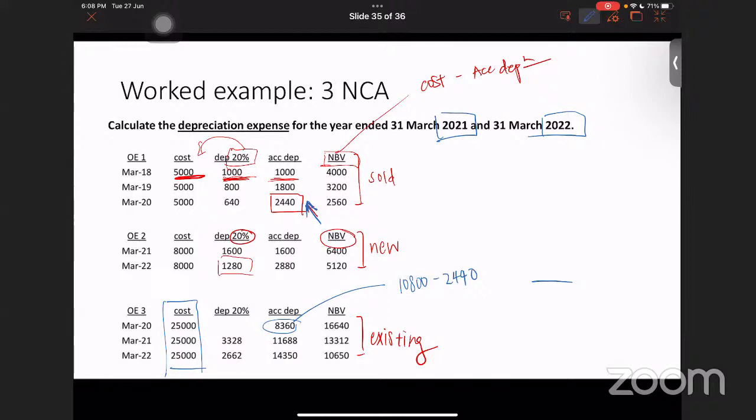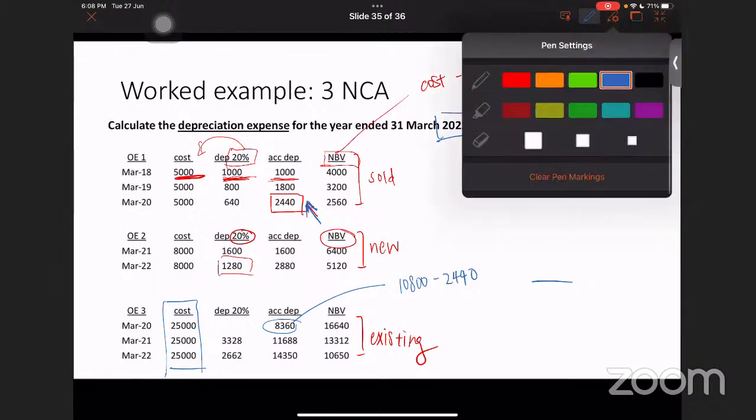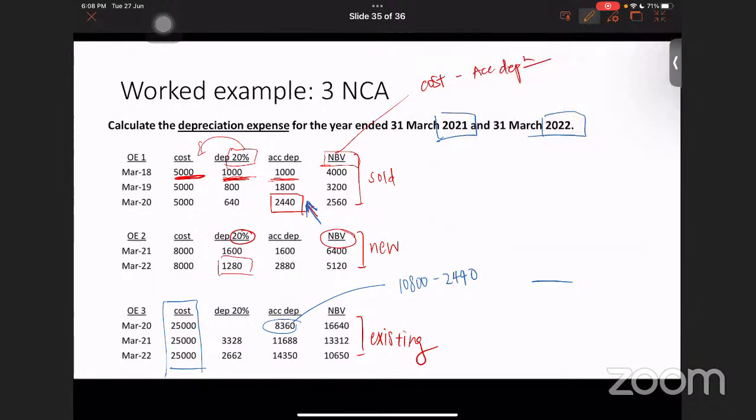Okay, then with that, now that we have settled on this, everything else will still be the same. Cost minus accumulated depreciation and BV again. Reducing balance. So next year, I will take 20% multiplied by MBV. So that's how I'll get my depreciation.